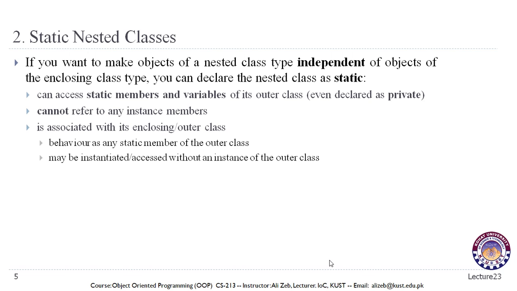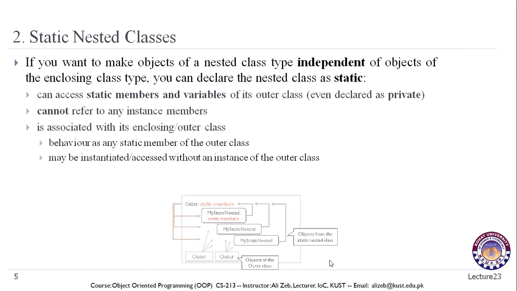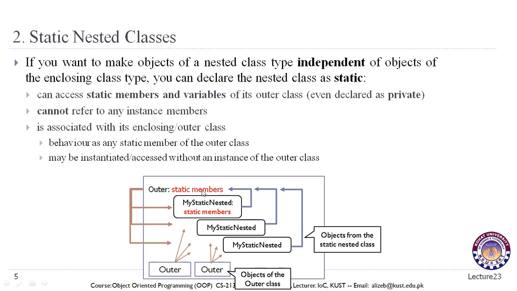It may be instantiated or accessed without an instance of the outer class, as is the case with the other static members of the class, where we can access them without the instance or object of the outer class. So we can have access to the static members of the outer class inside the static nested class, and the objects of the static nested class can have access to the static members of the outer class, and the outer class has access to the nested class.